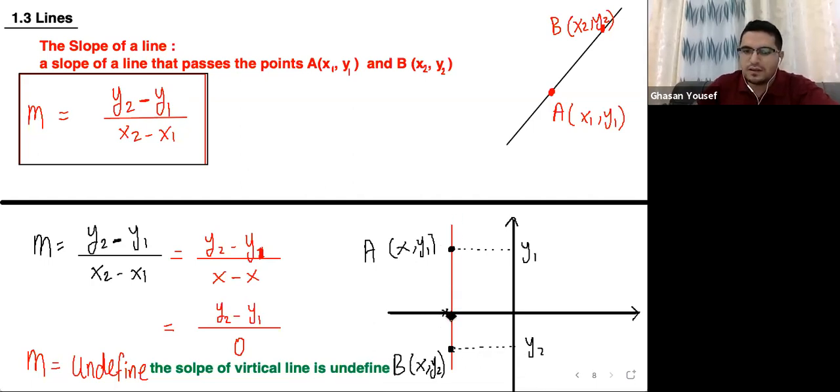Now for the horizontal line, if the vertical line gives me undefined, what's the slope for the horizontal line? So I'm going to do the same steps. So this is number 1 here.